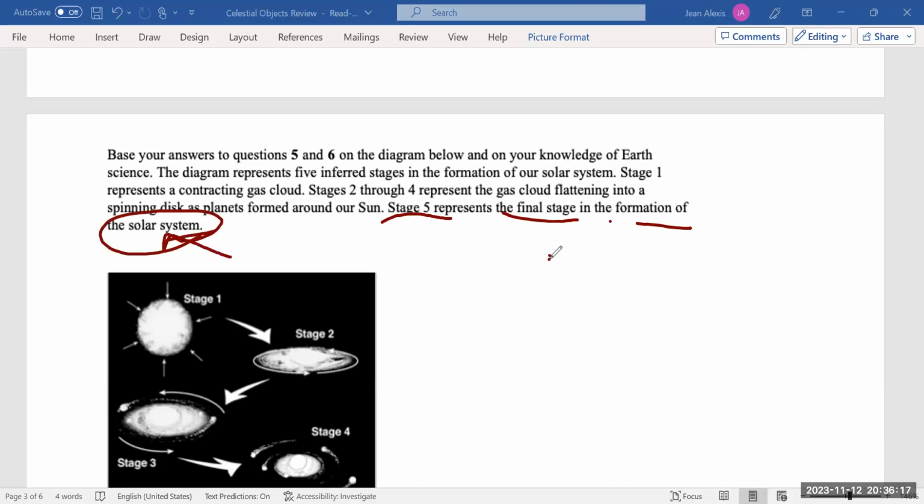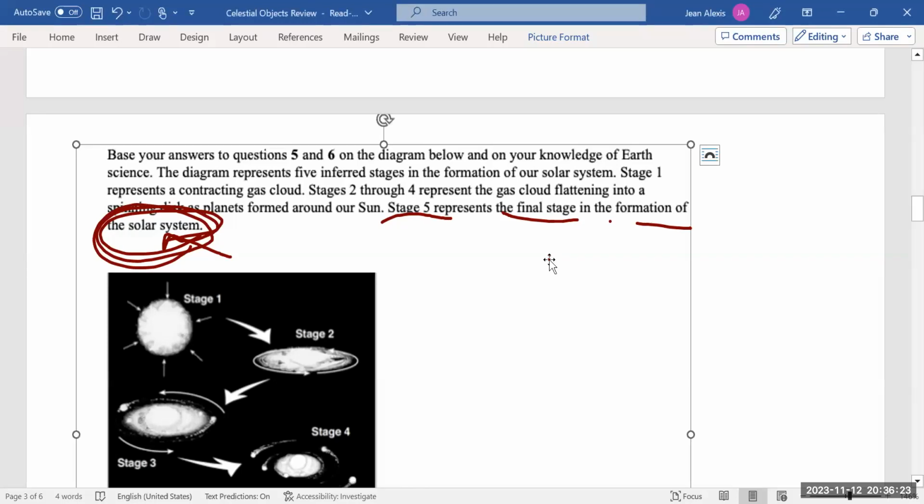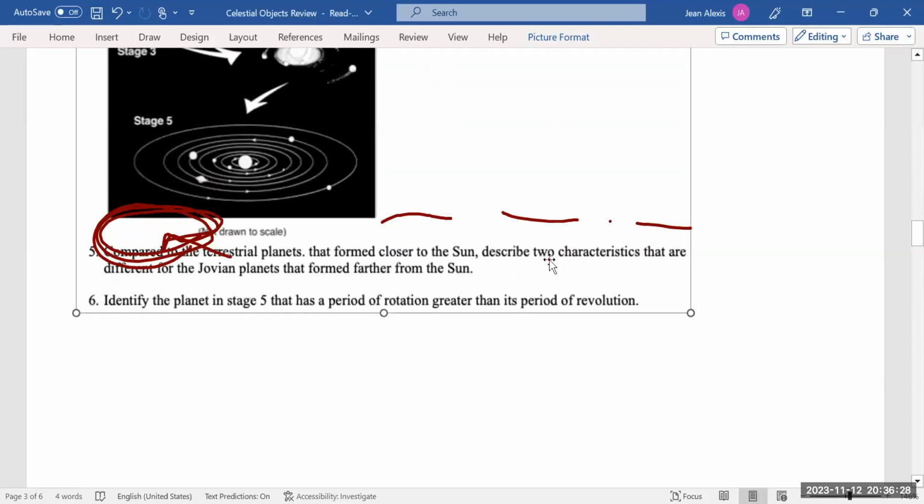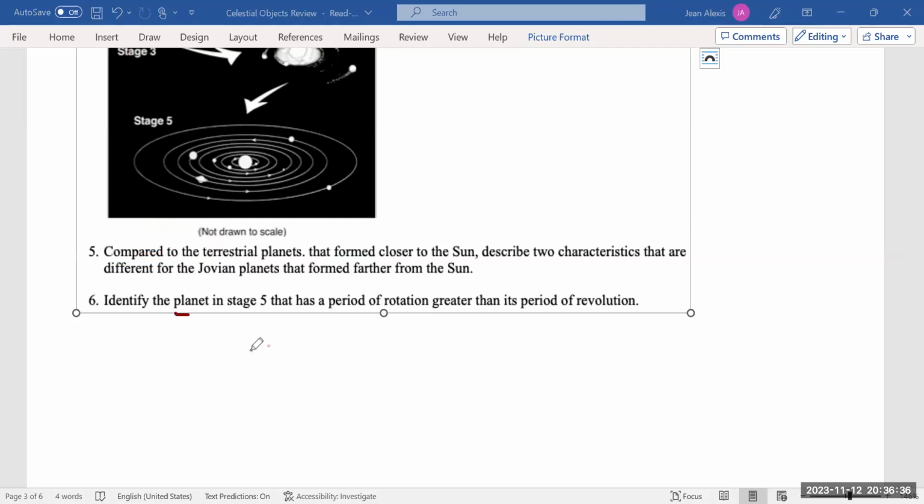So stage 5 is a picture of our solar system. So the planets that we're going to be choosing are planets from our solar system. Now, what page of the reference tables talks about a planet's characteristics that can help us? What page of the reference tables talks about a planet's period of rotation and its period of revolution?